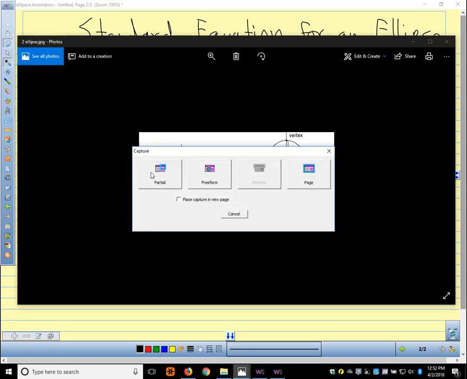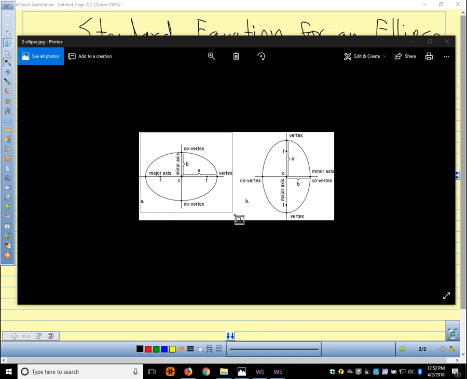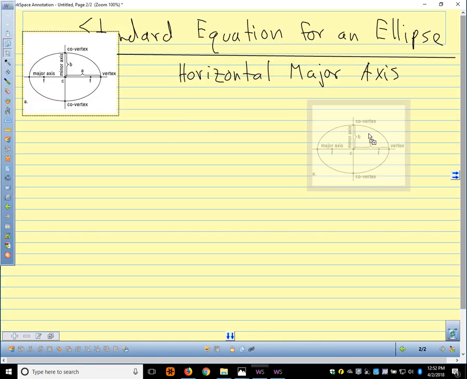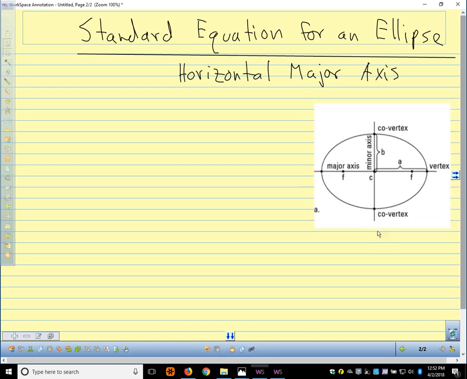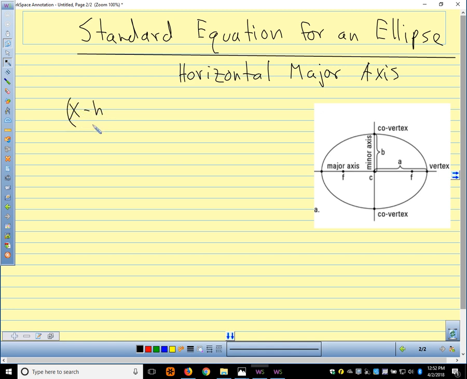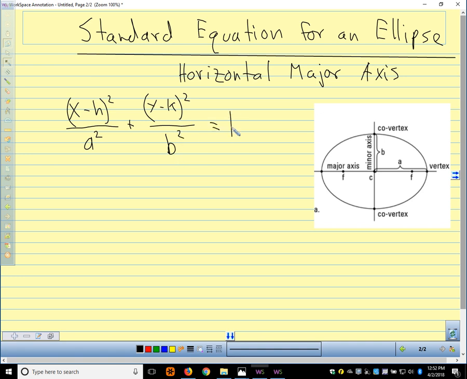So we're talking about this ellipse. Our equation is (x minus h) squared, so it starts off looking like a circle, over a squared, plus (y minus k) squared over b squared equals 1.